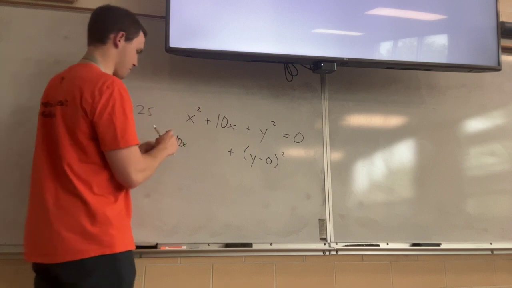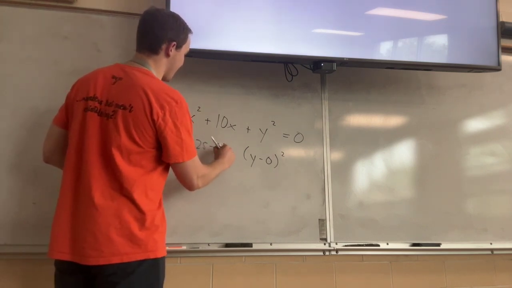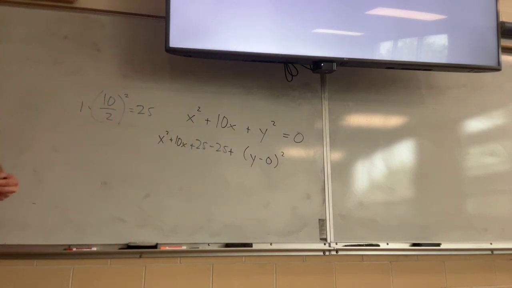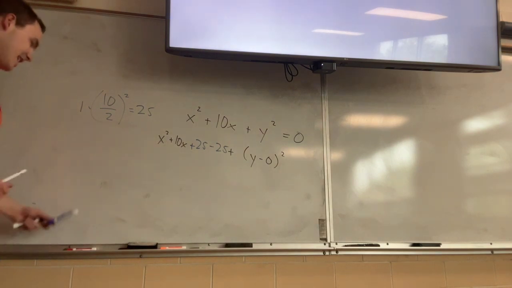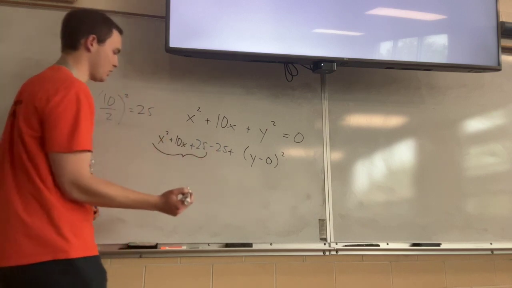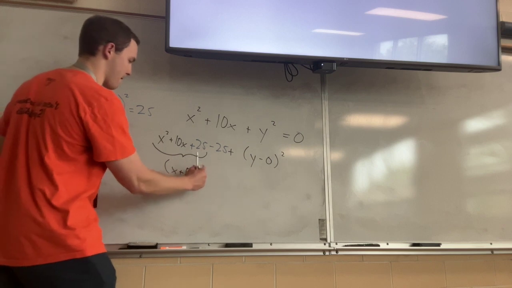You see the progression? What's the point of adding that? Adding it allows me to factor these three terms to x plus 5 squared.